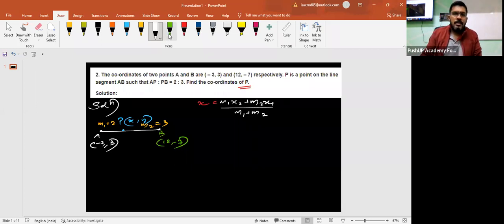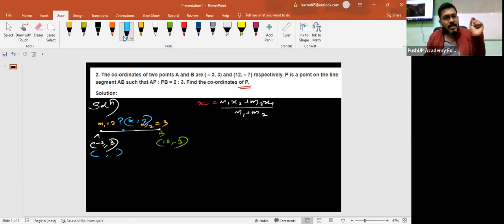Now, a very simple advice: whenever you have to substitute the values of m1, m2, x1, x2, label those values underneath the given two coordinates. You know the portion AP is two parts, and that is considered to be m1.